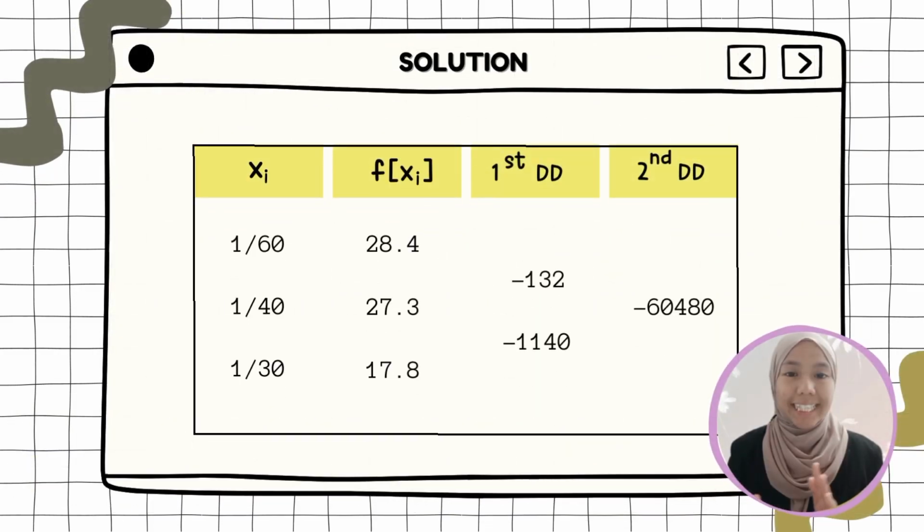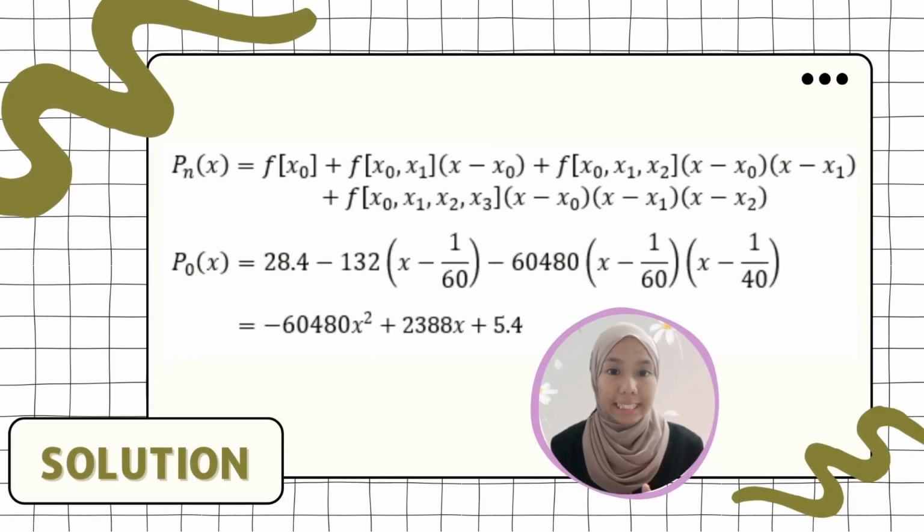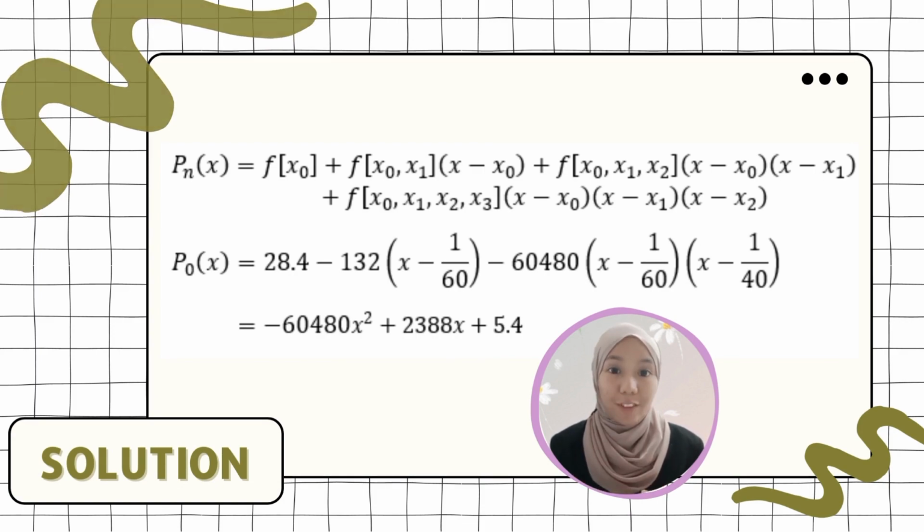Moving on, this is the table for the second function that also includes the values of x, function x, first divided differences and second divided differences. Then we use the same formula as the previous one so that we get the second equation.